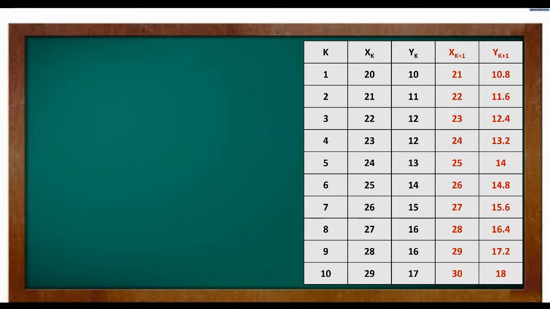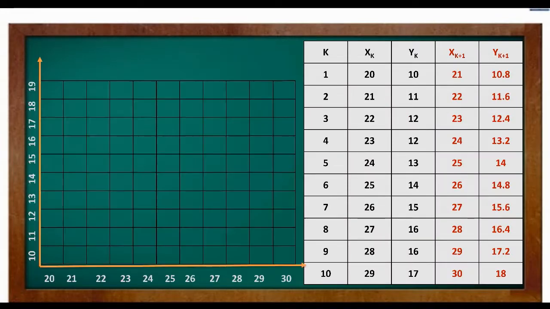We'll try to plot this on our graph. The first point is 20, 10. The second point is 21, 11. The next point is 22, 12.